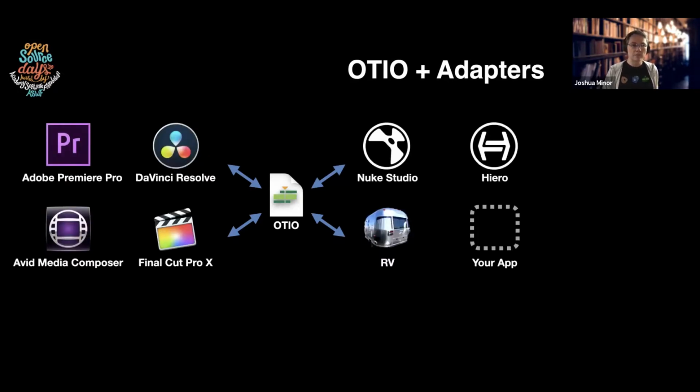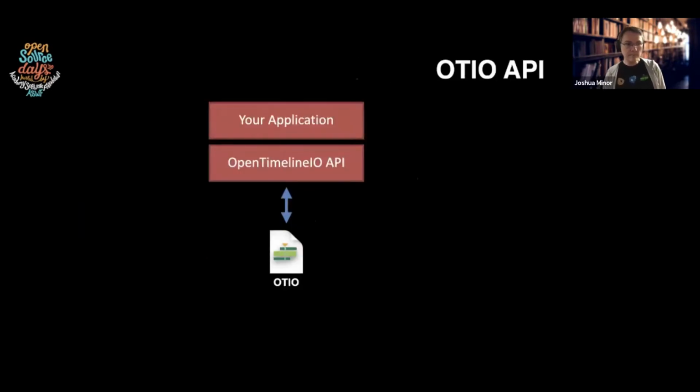By converting to and from those different formats, it allows us to interoperate with lots of applications. So we can interoperate in some form with all of these here. And we also strongly encourage developers to add native OTIO support to their applications. We'll talk about that a little bit later as well.